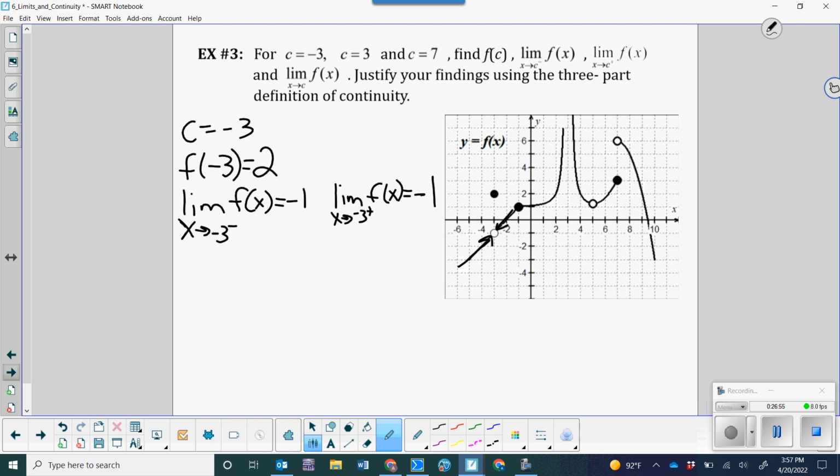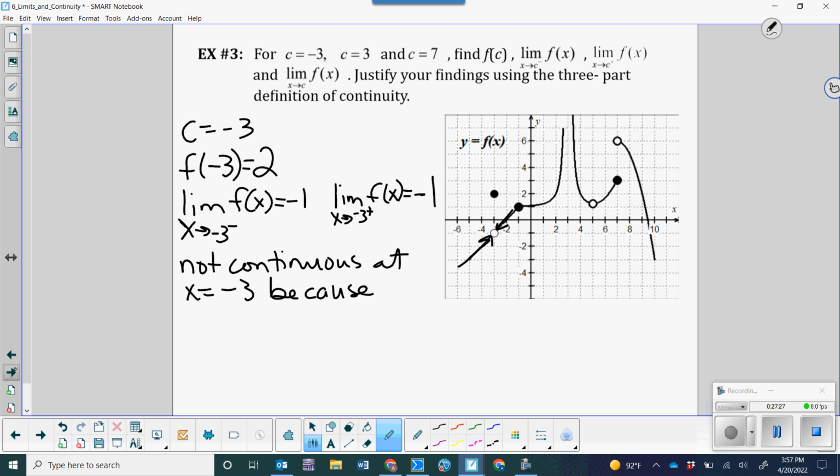And so our conclusion would be it is not continuous at x equals -3, and then we have to give a reason. Well, our function value exists, the left and right limits exist, but the problem is the limit doesn't equal the function value.